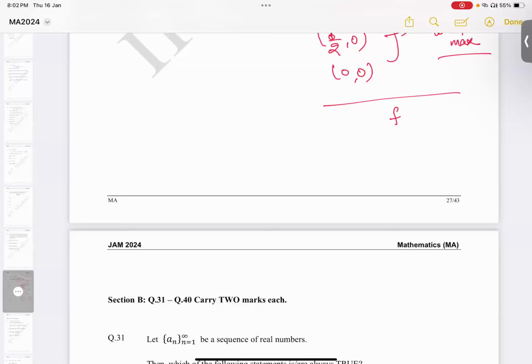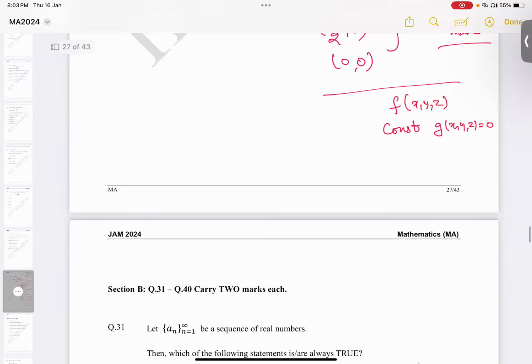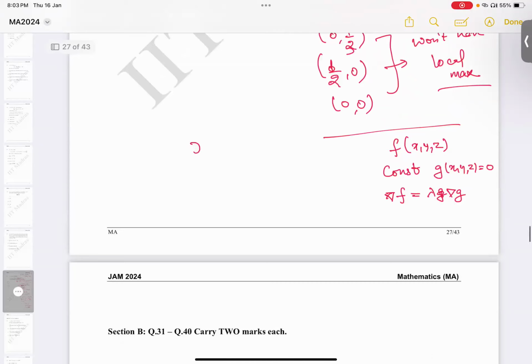Okay. So suppose you have a function f, right? Maybe in 2 variables or 3 variables, x, y, z, with some constraint g of x, y, z equals to something or 0. So what Lagrange multiplier says: put del f upon del x equals to lambda times del g upon del x, and similarly del f upon del z equals to lambda times del g upon del z.